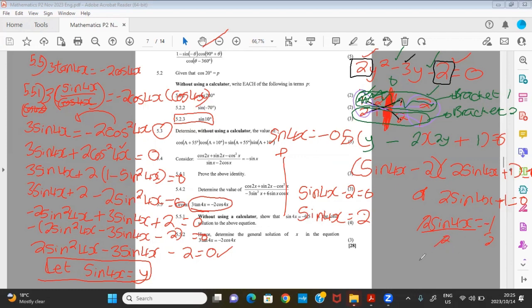Minus 1/2. So actually now I am finding it. What I'm going to say now is that they basically told me sine 4x is equal to 2, so I'm just going to put that it's not equal to 2. I'm just going to put that restriction.